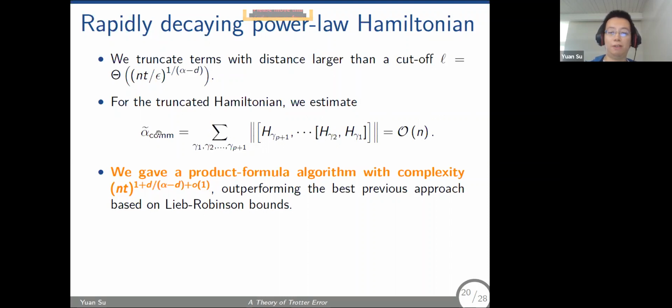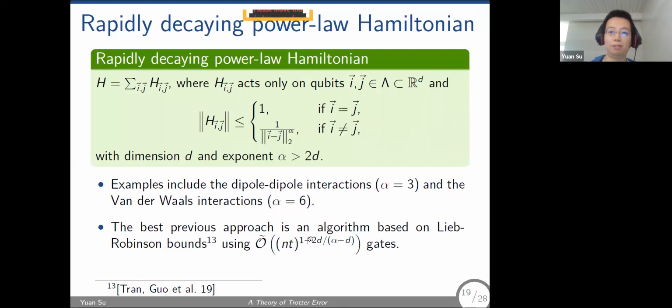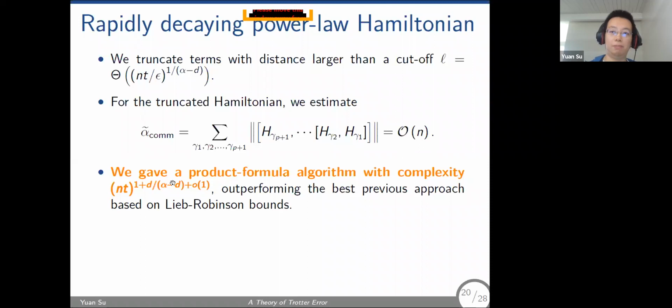You calculate this alpha commutator and then calculate the gate complexity, and you get something like 1 plus D over alpha minus D, very close to that. So if you compare this exponent with the previous Lieb-Robinson based algorithm, the 2D over alpha minus D is almost improved to D over alpha minus D. Again, if you use product formulas, you can hopefully get better performance for simulation.